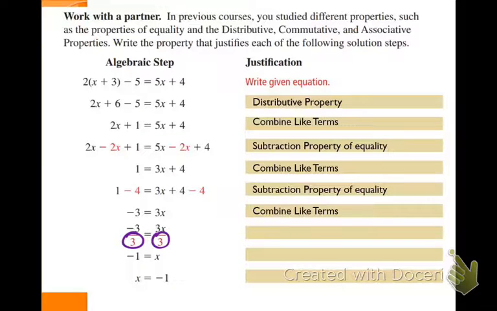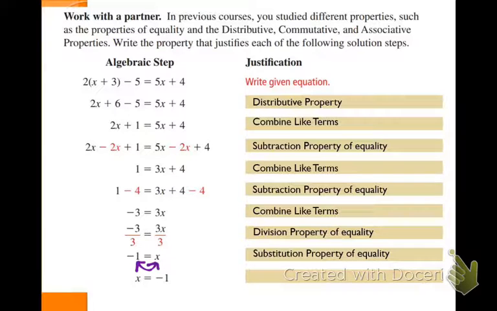They divided 3 on both sides, so that's called the division property of equality. All right, then they came to an answer, minus 1 equals x. So which property is that? Substitution. And then in the last step, they flip-flopped the x and the negative 1. So which property was that? The symmetric property. Good.